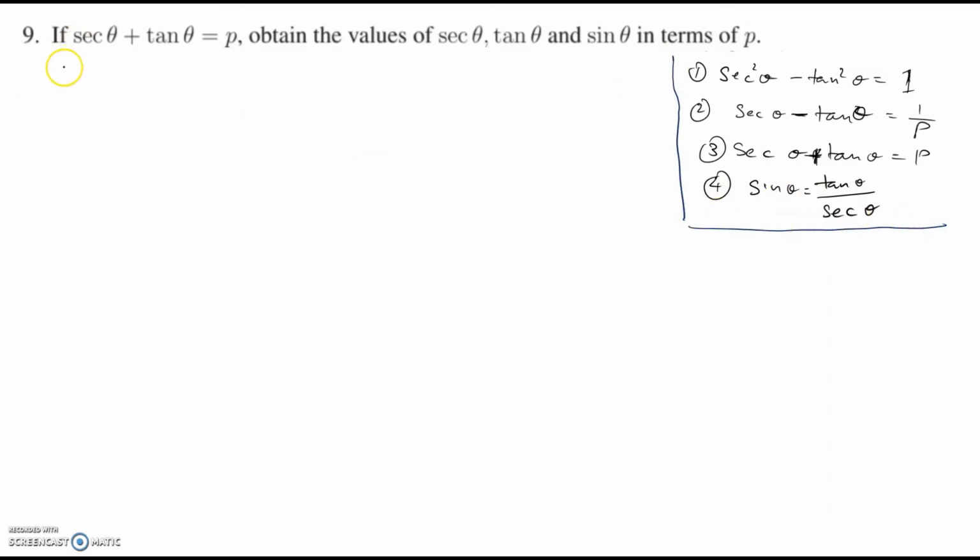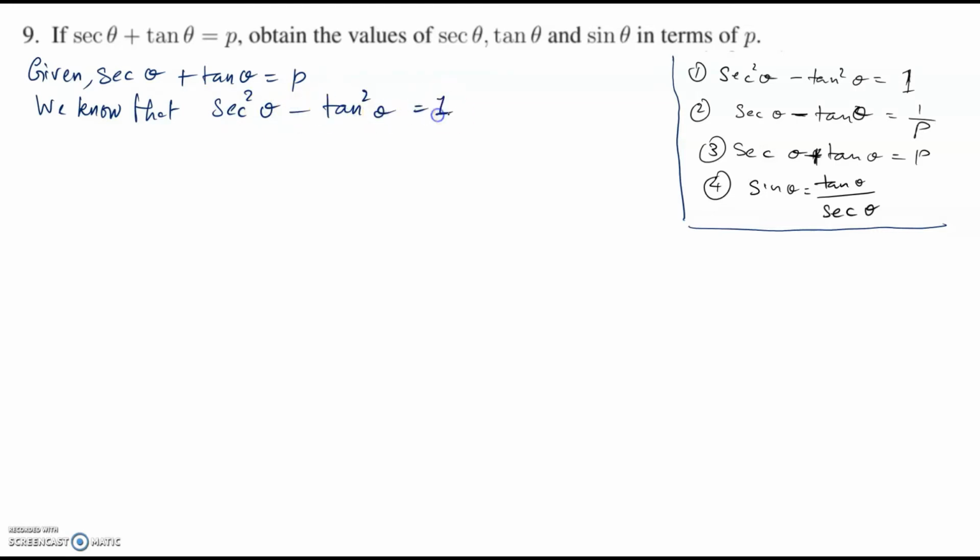So given secant theta plus tan theta is equal to P. Now we know that secant squared theta minus tan squared theta is equal to 1.